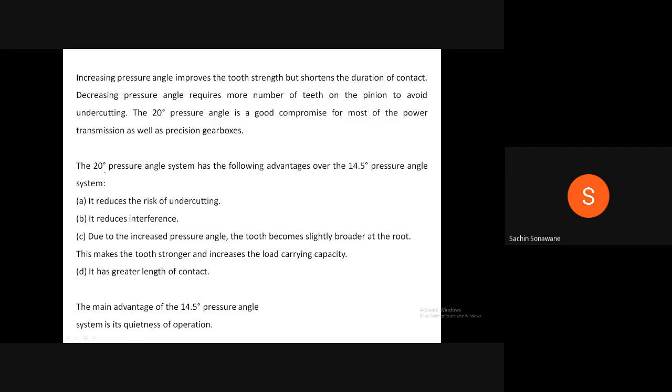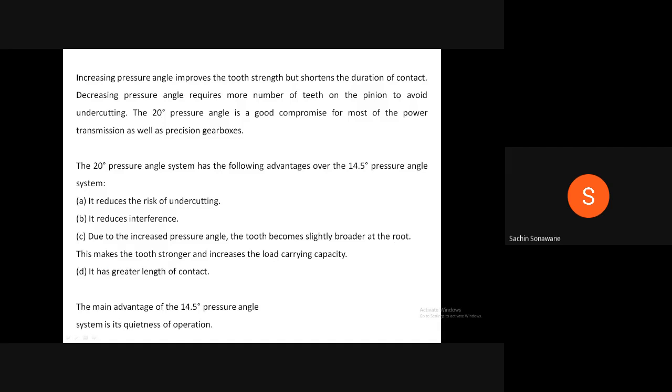The 20-degree pressure angle system has the following advantages over the 14.5-degree pressure angle system. First, it reduces the risk of undercutting. Second, it reduces interference. Next, due to the increased pressure angle, the tooth becomes slightly broader at the base.